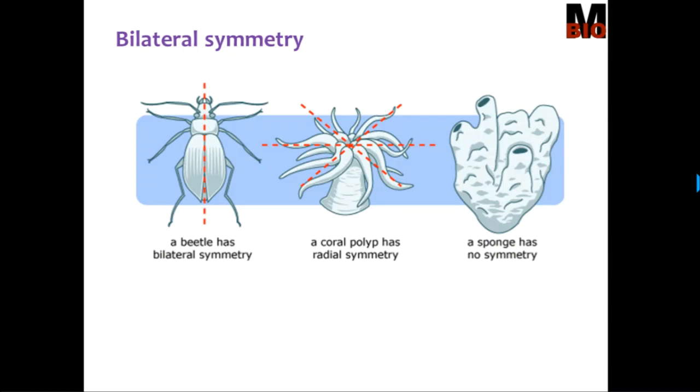The body can be divided into two equal halves through a plane which passes through the longitudinal axis of the body, or more specifically, through the sagittal plane. The sagittal plane runs through the longitudinal axis of the body. Bilateral symmetry is an advanced form of symmetry found in the animal kingdom.